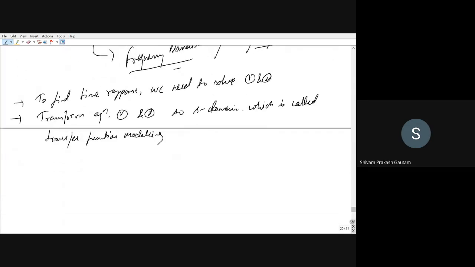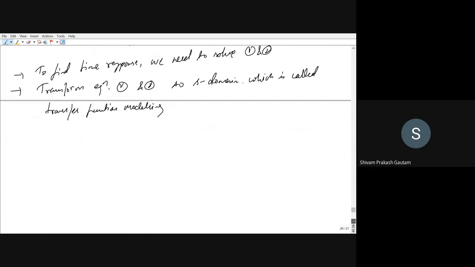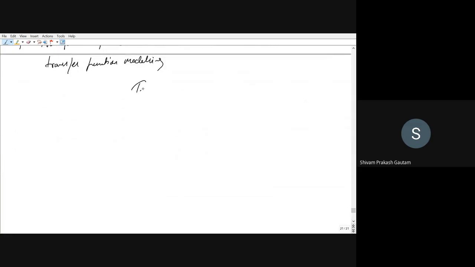We can then call it transfer function modeling. So by definition, what is the definition of transfer function? For an LTI system, that is a linear time invariant system, we have already seen what linear and time invariant mean.